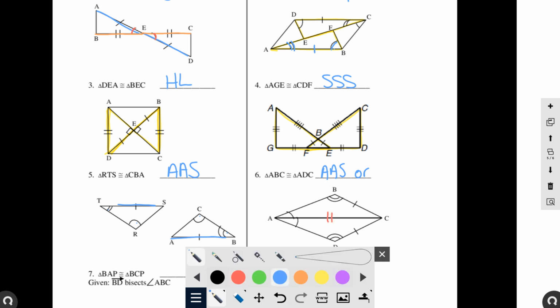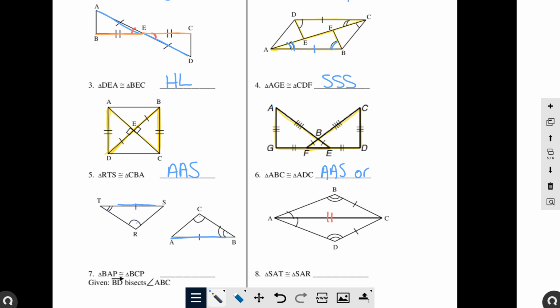If I mark the line that they share, this could now be... not angle, side, angle. It would still be angle, angle, side though, right? Because that side is not between the two angles. But sometimes if you mark things that they share, it might change it to angle, side, angle, which is where my brain was going too.